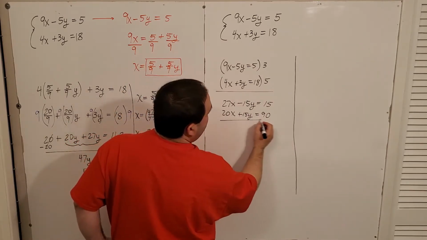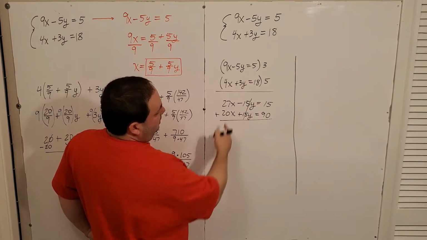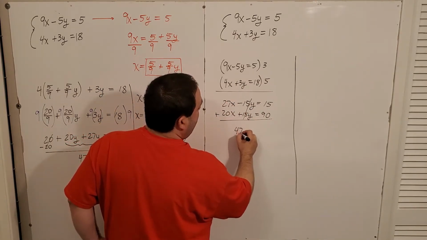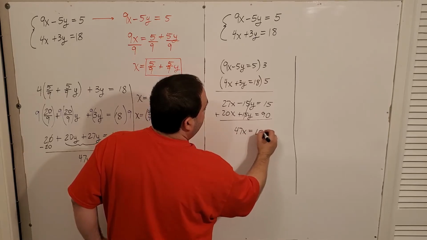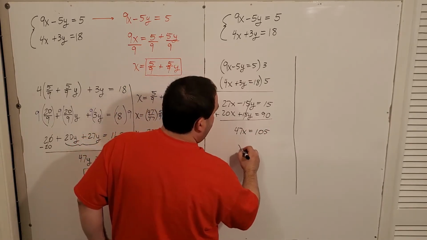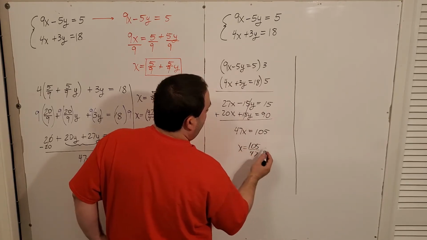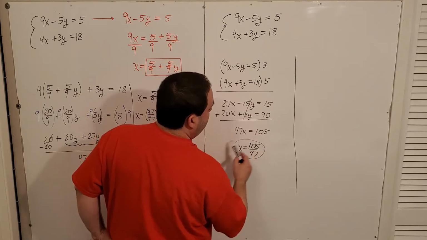And then when I add these two equations together, the y's add to 0, leaving me with 47x and 105. So then I divide both sides by 47, and I get 105 over 47. Okay?